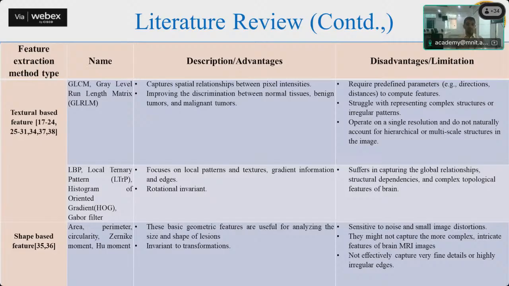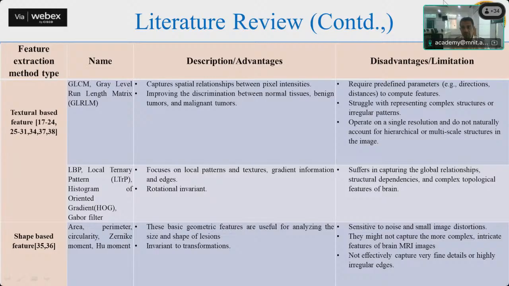Another part is when you are using textual based features, so along with the GLCM we use the gray level run length matrix. In textual features, the spatial relationships between the pixel intensities are captured, and the discrimination is improved between normal tissues, benign tumors and malignant tumors.